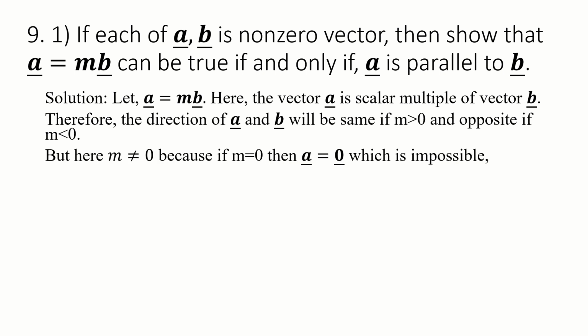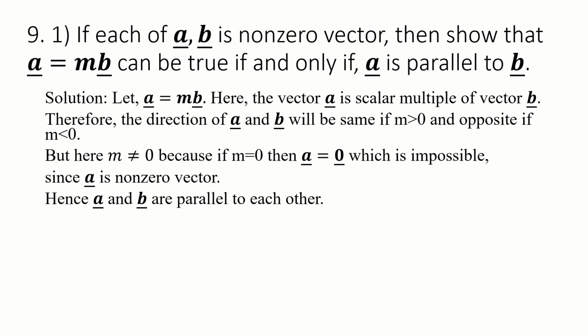But here m is not equal to 0, because if m equals 0, then A vector equals 0 vector, which is impossible, because the given condition says A vector is non-zero. Hence A vector and B vector are parallel to each other.